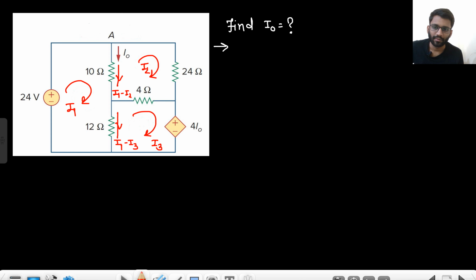I think I need a space here, so let's make it like this. I2 is coming that way, and I3 is going that way, so I2 minus I3. Now what will be the current in this resistance? That will simply be I2. So you know the current in all the resistances now. In every loop you will work: loop 1, loop 2 and loop 3.